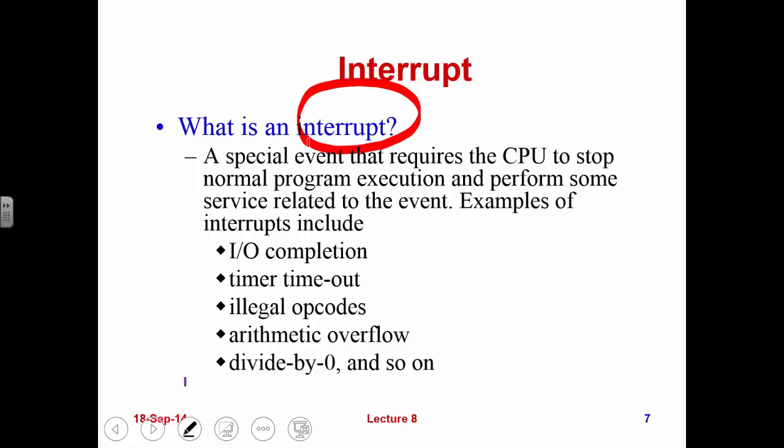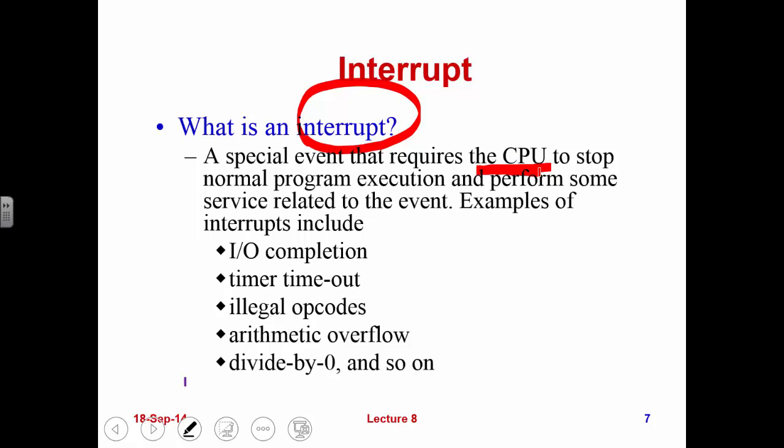It is considered a special event that requires the CPU to stop normal program execution, to stop what it's doing right now, and perform some services related to the event.